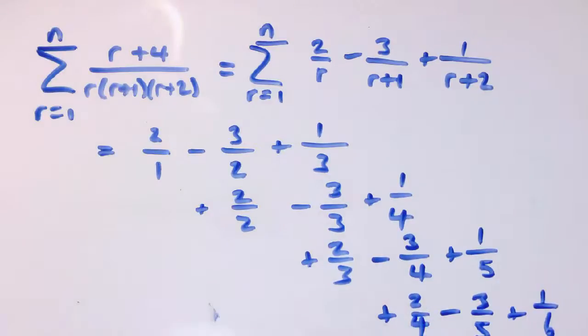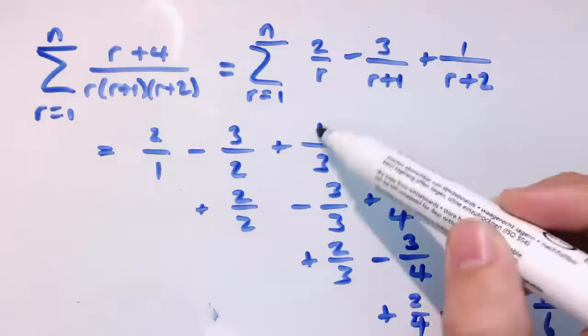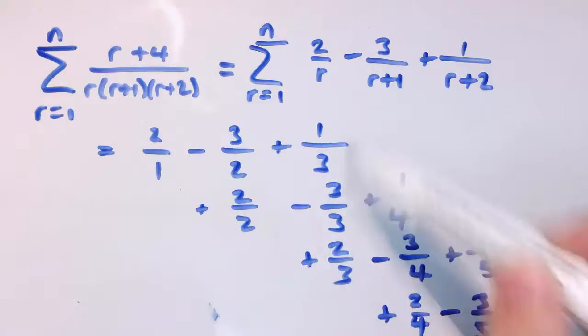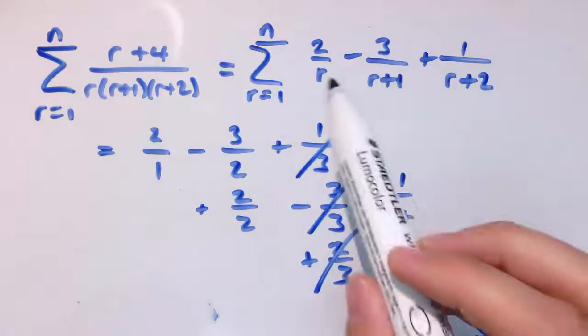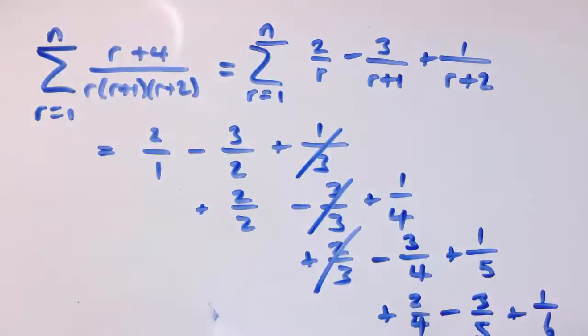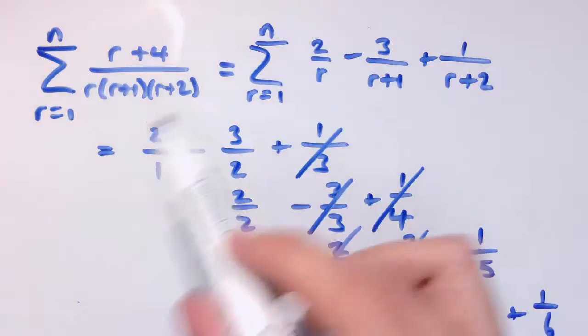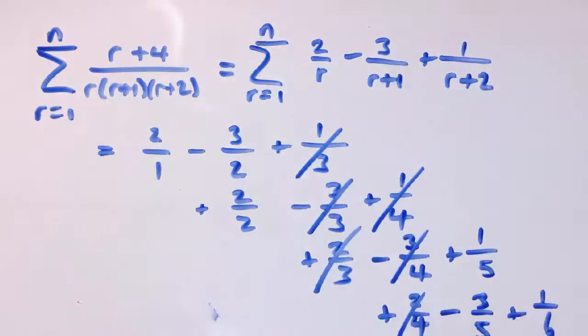And it's a more complex cancellation here, but we can see that I've got 1/3 minus 3/3 and plus 2/3. All the ones with 3 on the denominator there cancel out. All the ones with 4 here will cancel out. So again, all of these terms will cancel out, apart from these first 3 here, and the ones that we get at the end.